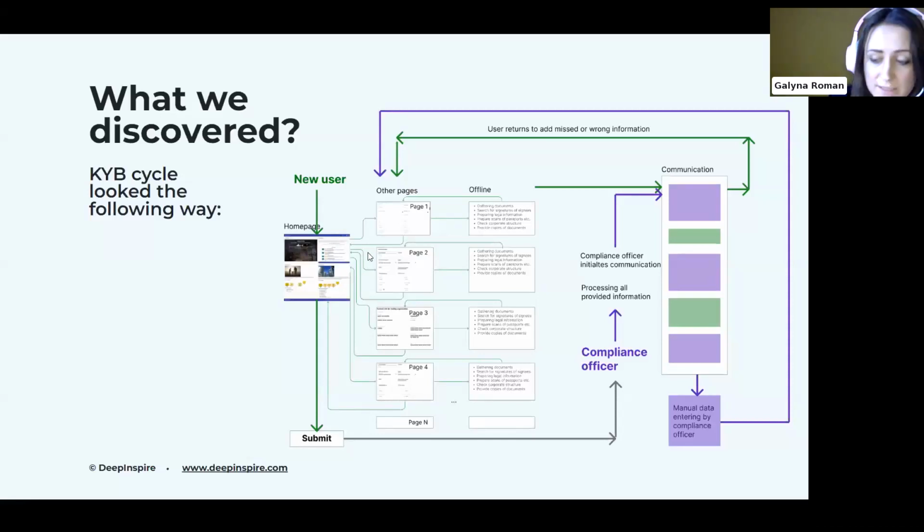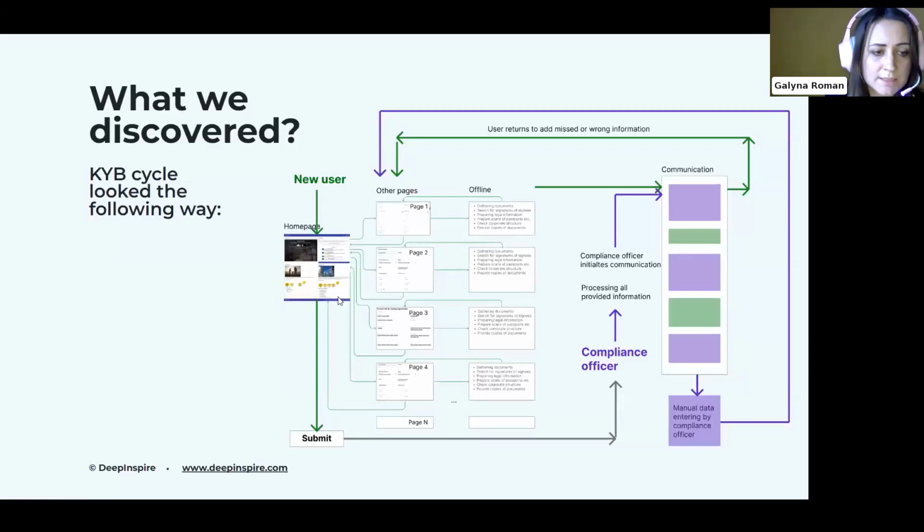The other thing that we discovered was that the users who were actually filling in the information usually were not top management and didn't have senior positions in the companies. They were assistants, and they usually didn't have all the information needed on hand. They came to one page, checked what was needed there, went to the responsible person for that information, took it, came back to the page, and then added it. Then they came back to the home page again, went to the second page, and the same flow repeated.